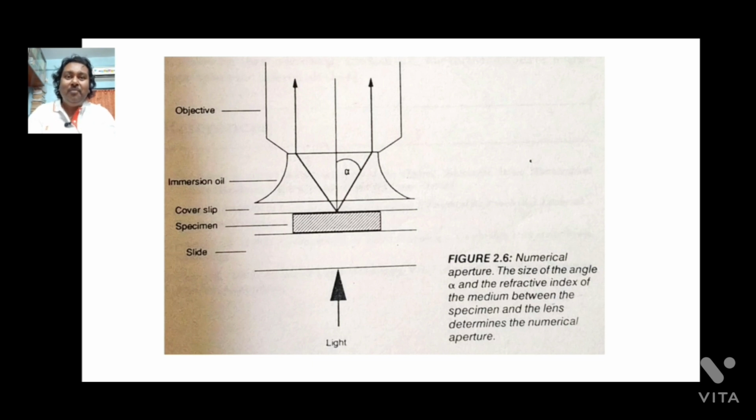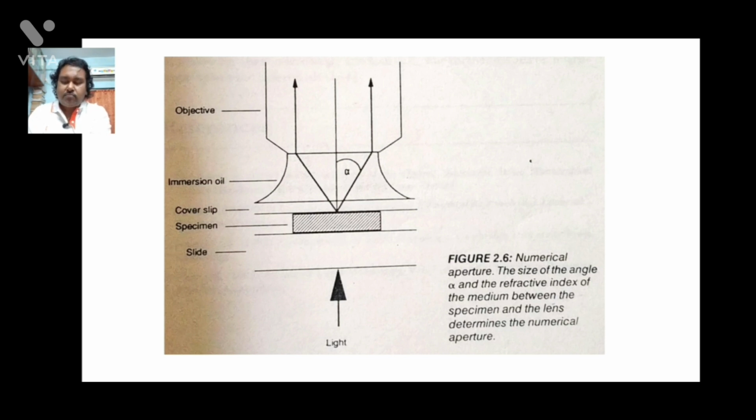You will not be able to cover the gap with any other material except air. So, the maximum numerical aperture value in the case of dry objectives is 0.96.